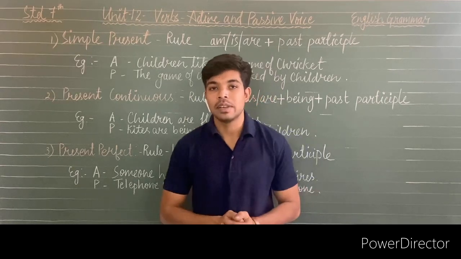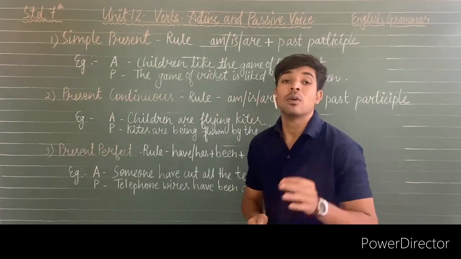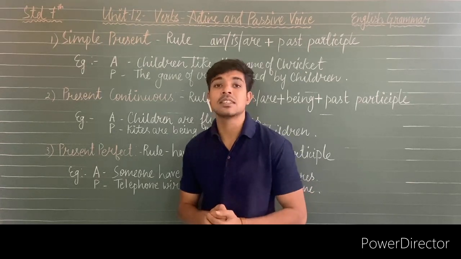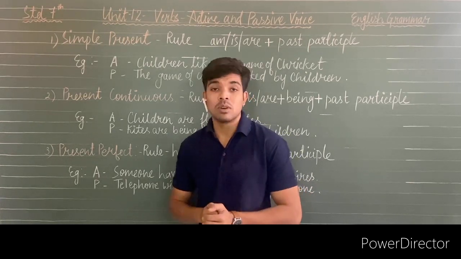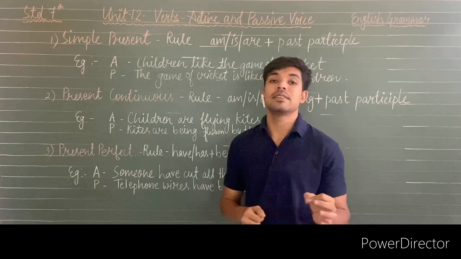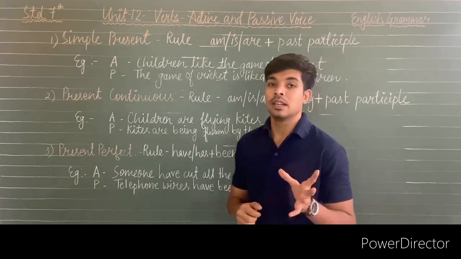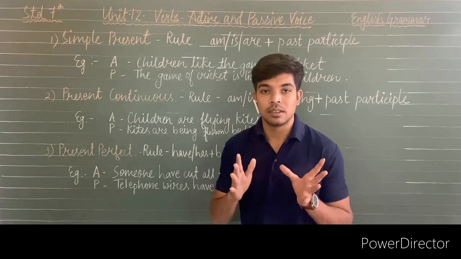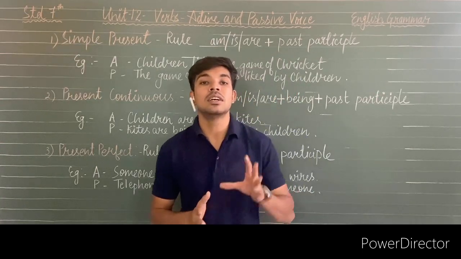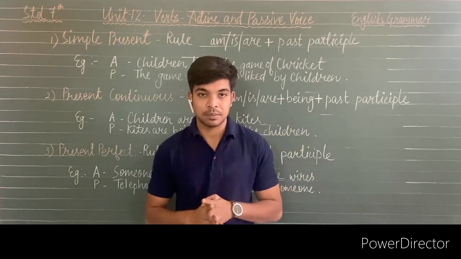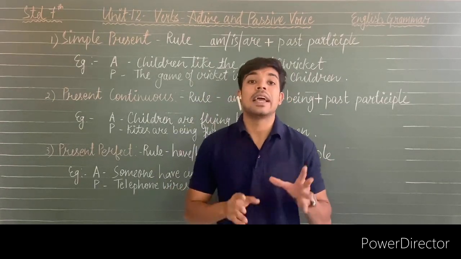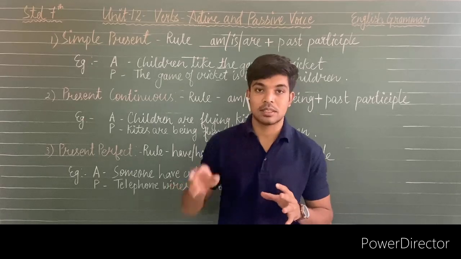Now we are going to discuss what changes are done in a sentence which are important to convert it into the passive voice. First of all, make it clear that active voice is the sentence in which the subject is doing something, and passive voice is the sentence in which the action is done by the subject.